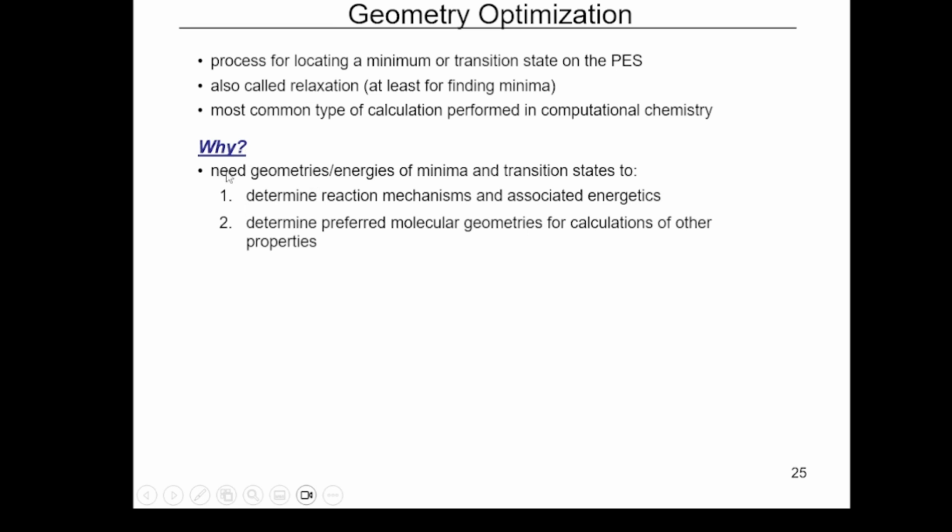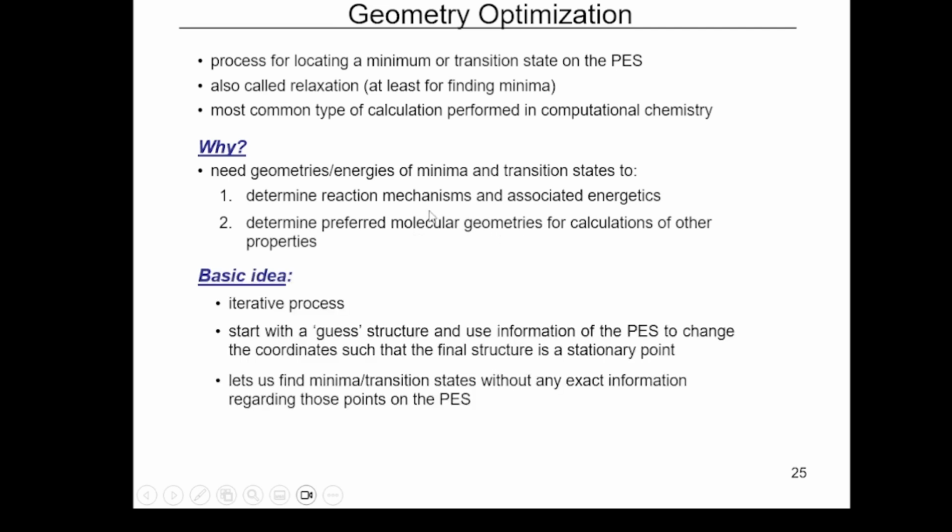So why do we need to perform optimization? To determine the reaction mechanism and associated energetics, and to determine preferred molecular geometries for calculation of other properties. This is what I mentioned just now. The basic idea is that it's an iterative process. The software takes the structure that you give it and performs a set of calculations, keeps changing the structure, again performs a set of calculations, and finally comes to the minimum or a transition state.